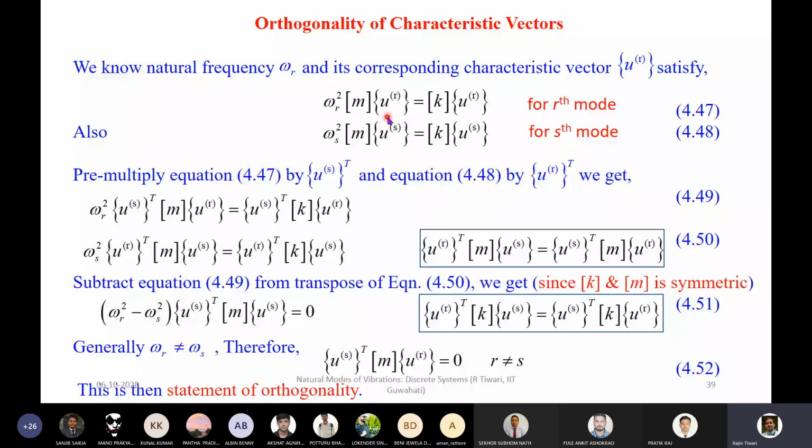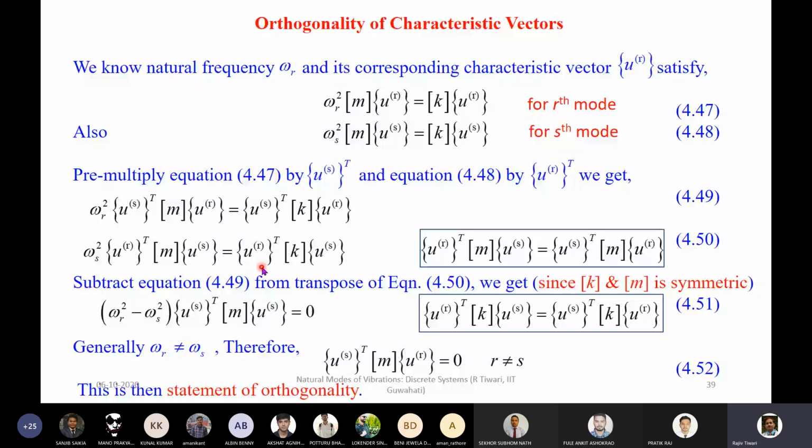So once we have this, we'll multiply the first equation with the transpose of the sth eigenvector, and the second equation by the transpose of the rth eigenvector. So if we multiply it, we get this equation. Both sides are multiplied by U s transpose in the first equation, and U r transpose in the second equation.